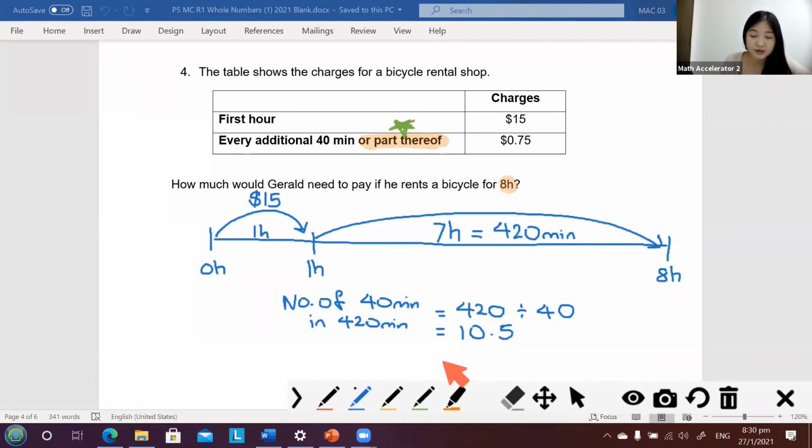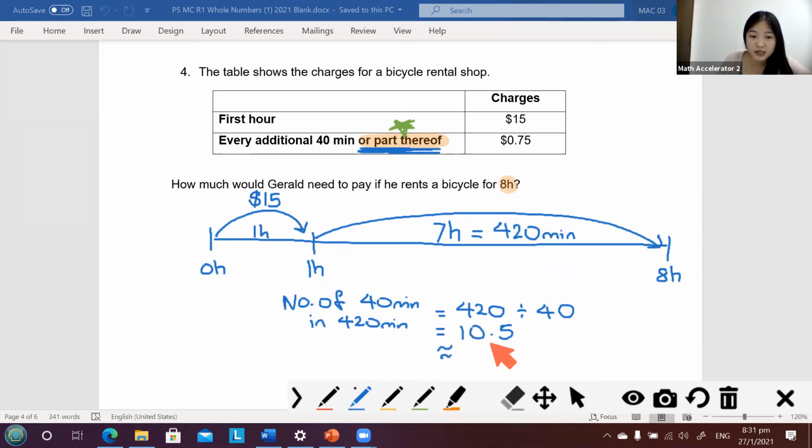Yes. Because of the part thereof, even if you don't reach another full 40 minutes, you still have to pay another 75 cents. So they're very bad. They will make you pay more even if you exceed and don't reach the 40-minute mark.